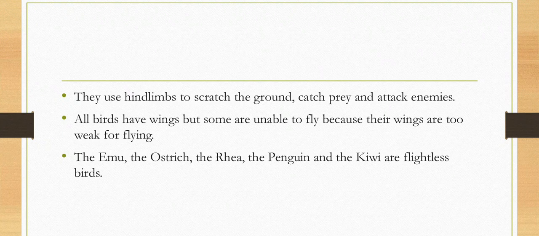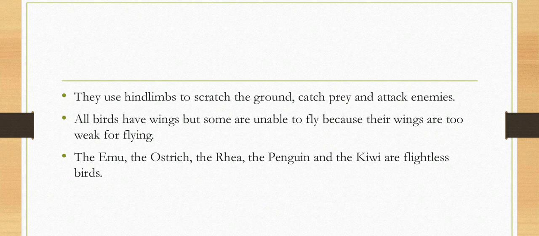Again, the wings, the forelimbs of birds, are used to fly. They have feathers on their wings, and these wings are attached to the breastbone with the help of strong muscles. With the help of these muscles, the bird flaps its wings and flies.